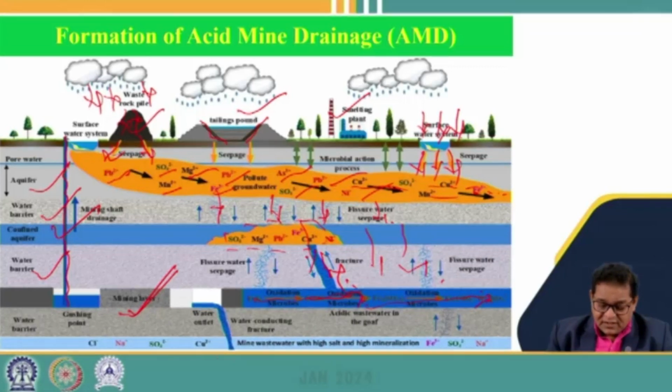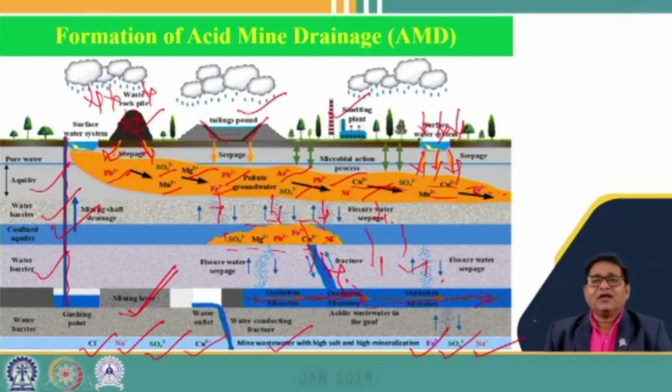Finally this acidic water that is generated here contains a lot of copper, sulfate, sodium, chloride, iron, and various other metal and mineral contents found during seepage.